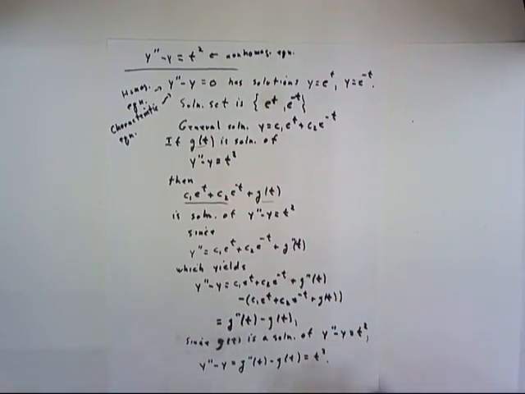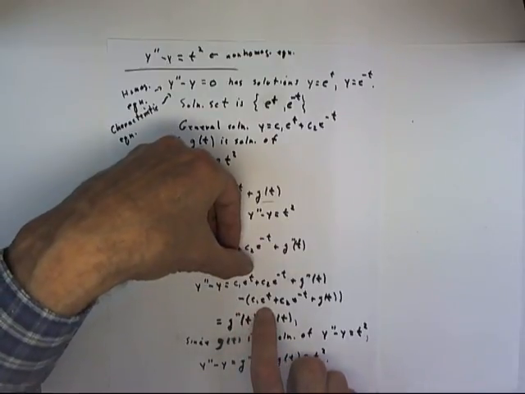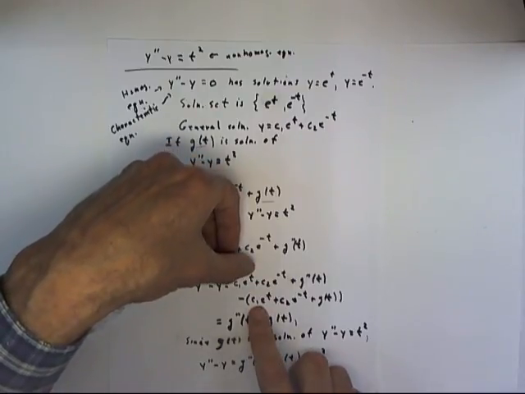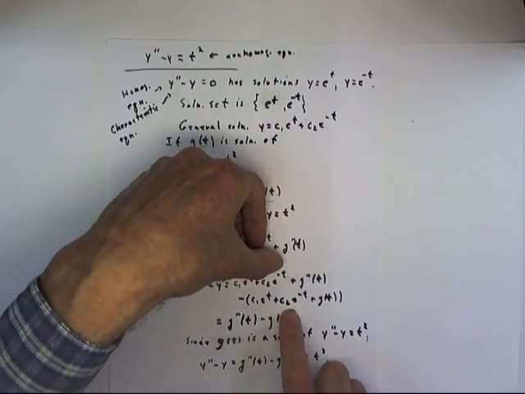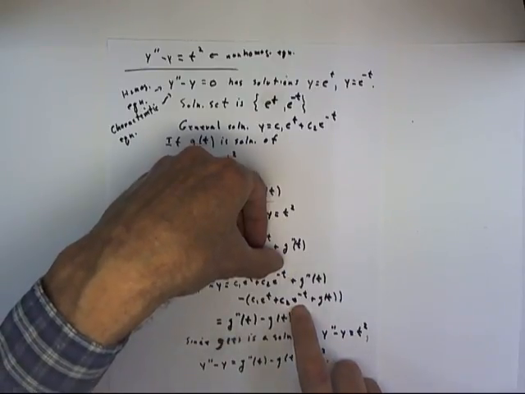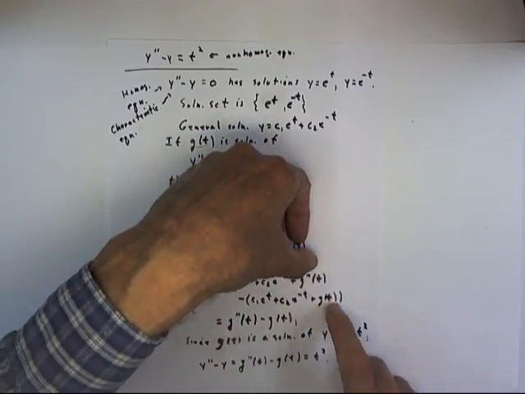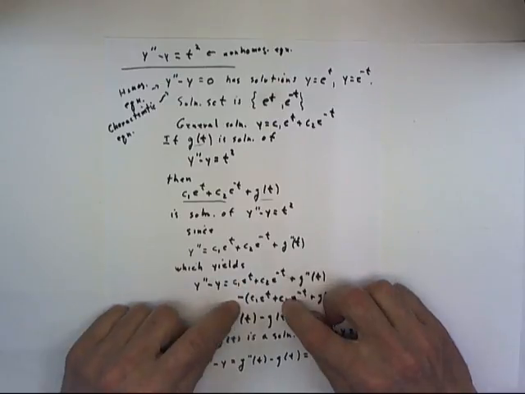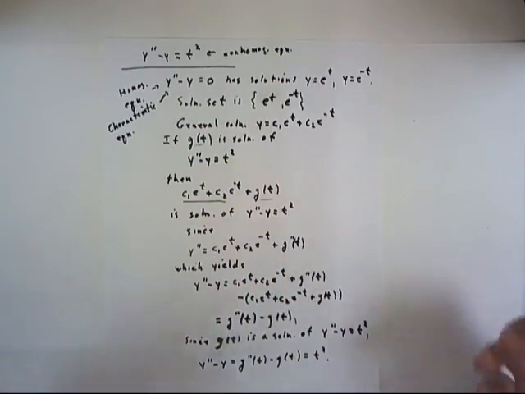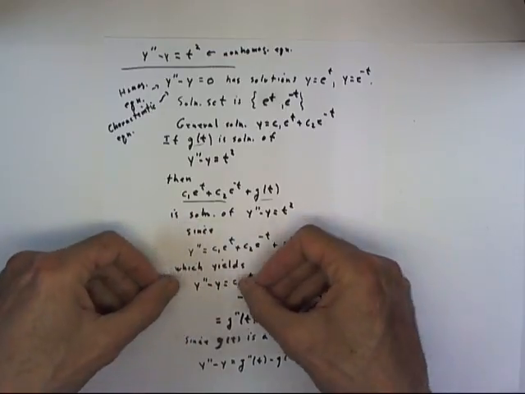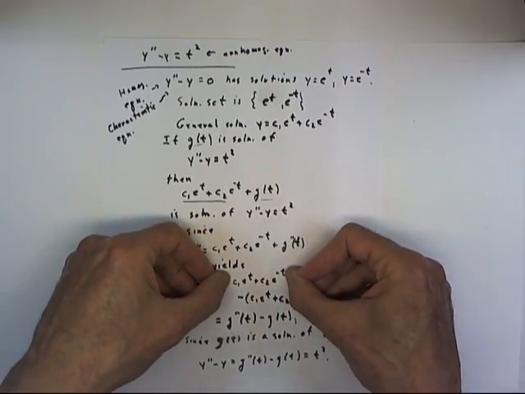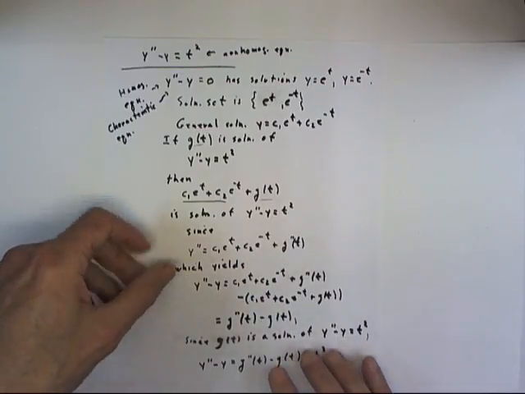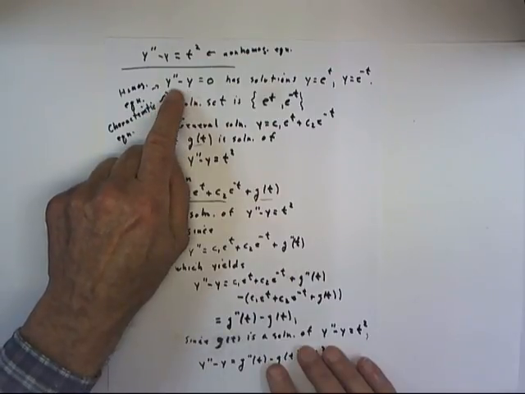If we do that subtraction, the c1 e to the t is going to match up with the negative c1 e to the t to give you 0. c2 e to the negative t is going to match up with the negative of c2 e to the negative t, and we're just going to end up with g double prime minus g. So the characteristic solution, the solution to the homogeneous equation, does just what it does. It is the general function that makes this 0, because the homogeneous equation is this equal to 0.